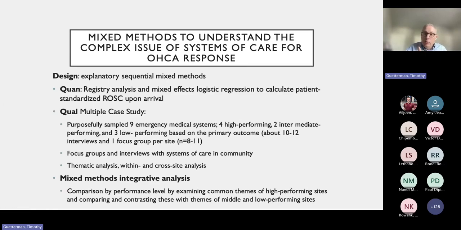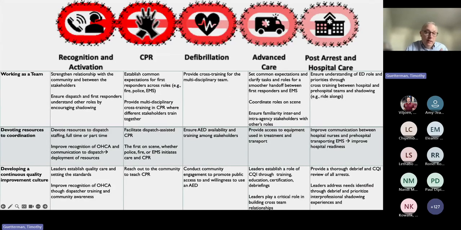And that was really important, because that allowed us to try to extract what is different about these high performing communities, these higher performing systems, and what sort of best practices we can glean from that. So ultimately, we took those results and we translated it to this toolkit, which is published.